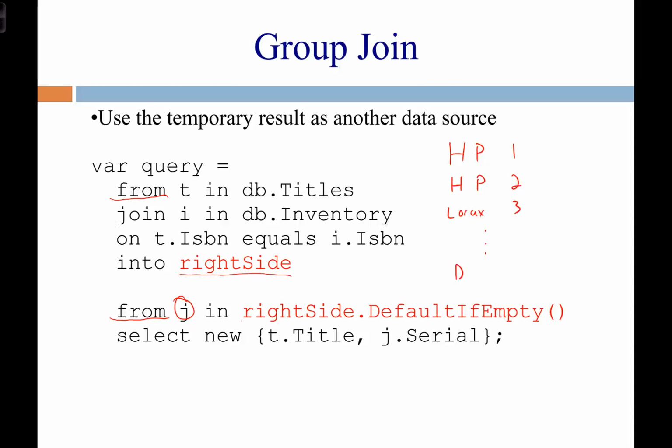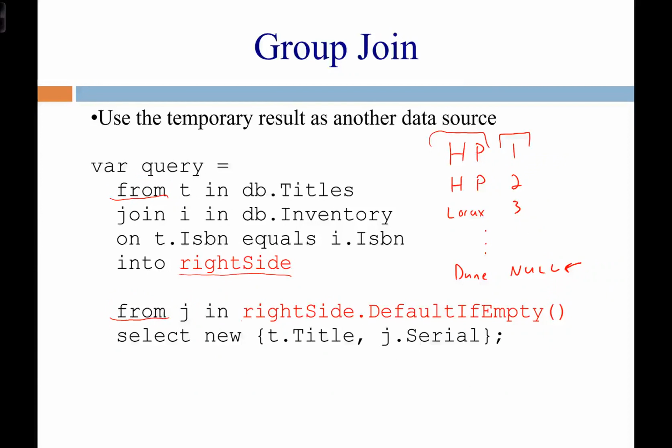Eventually we'll get down to Dune, and it will be matched up with null. So the outer loop, this from, is the outer loop over titles, and this from is the inner loop over that temporary data source containing serial numbers and null for the ones that didn't have a corresponding matching title.